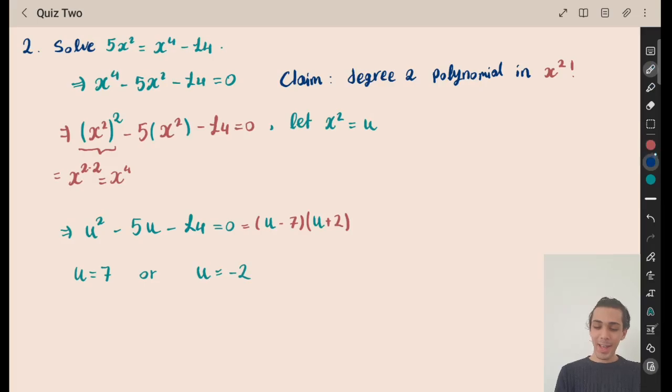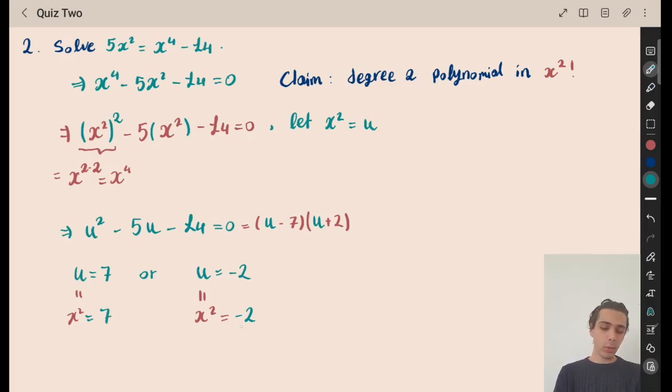That's a good sign. And we are actually not done because u is equal to x squared. And we're saying now that x squared is equal to minus 2. We're also at the same time saying that u, which is equal to x squared, is equal to 7.